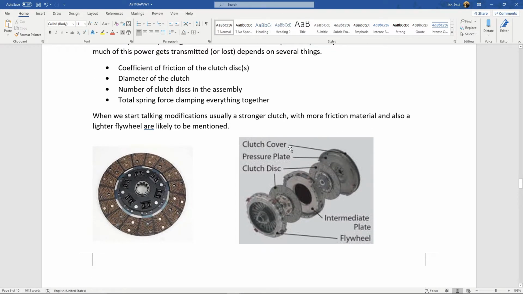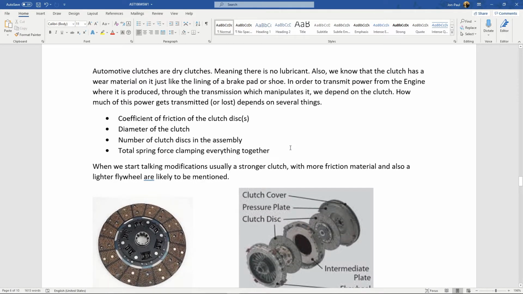Let's keep moving. So coefficient of friction, rub your hands together, that's what we're talking about. How well the clutch engages, whether or not the clutch slips, how hard it is to disengage the clutch, and how much the entire ensemble weighs are all things to think about. Your factory clutch, what properties is it going to have?